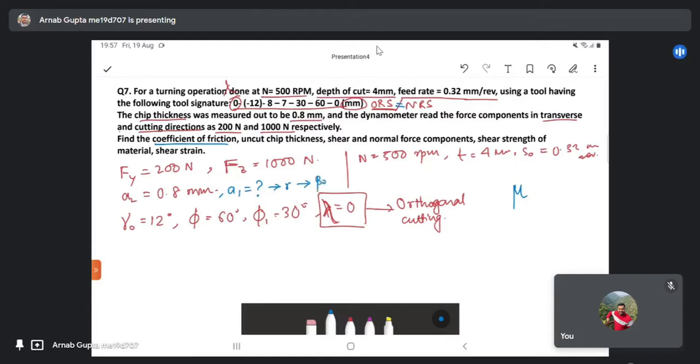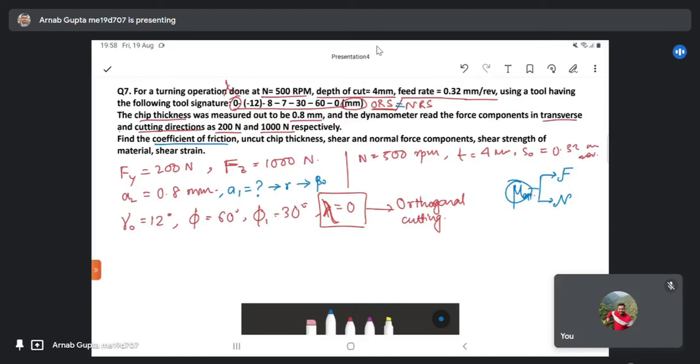So the only way left here is the force analysis. Force analysis means you have to find out the friction force F and the normal force on the rake surface N, and from there you can find out mu. This is nothing but the apparent coefficient of friction.